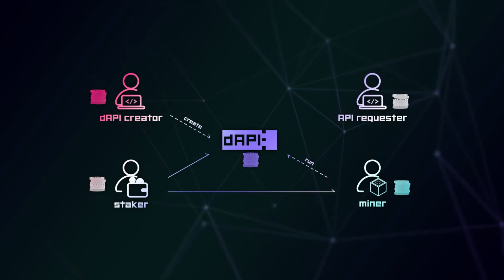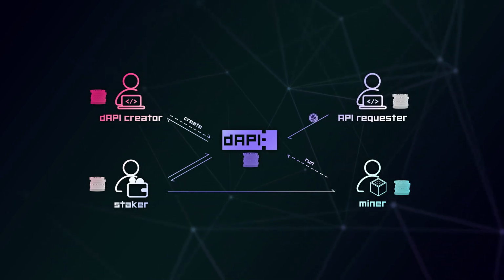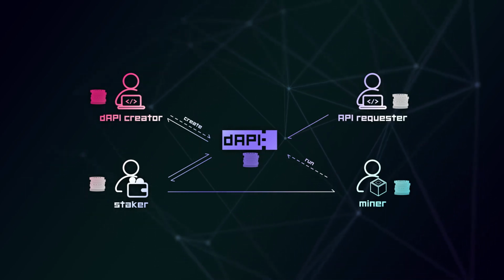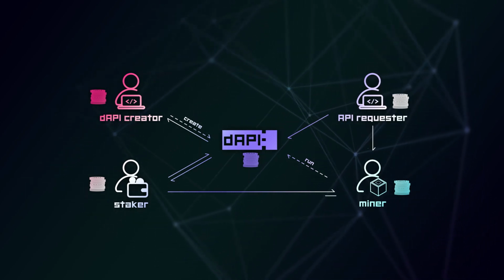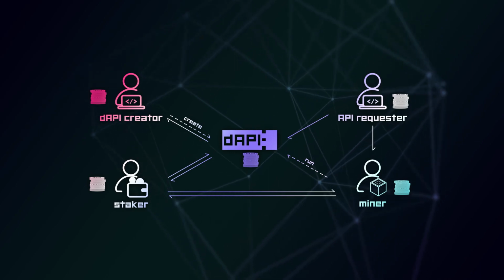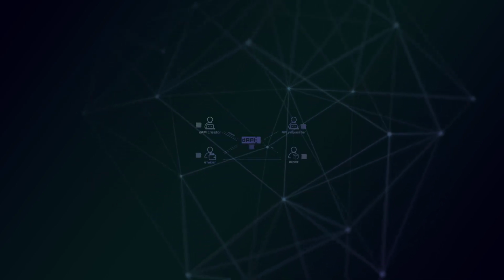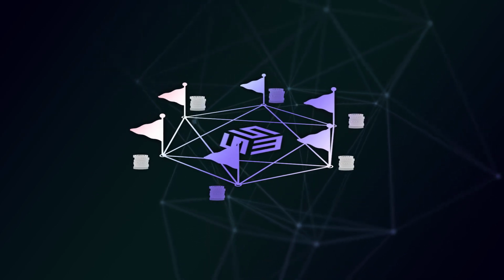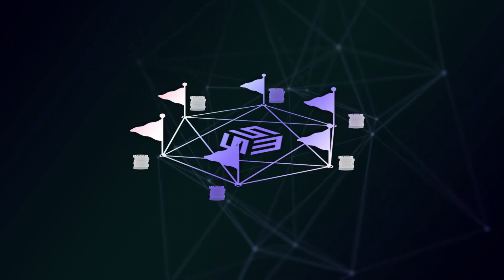API usage fee. Users request SaaS 3 Oracle and pay with the SaaS token. 5. Gas fee. SaaS token is paid by the API requesters to the miners to execute the DAPI. 6. Governance. SaaS token is used for governance behavior in the SaaS 3 DAO and community.